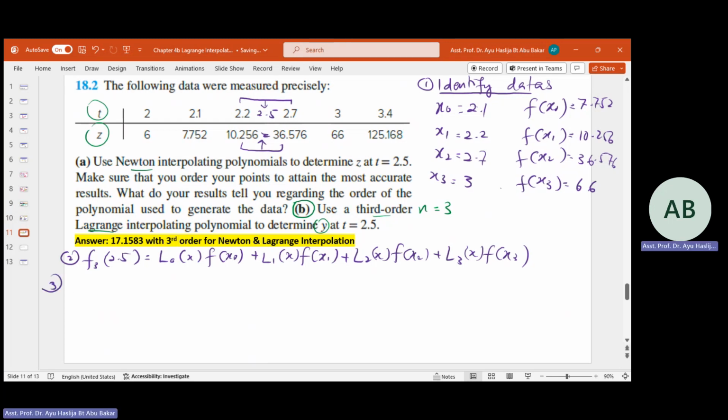Okay, then calculate your L. Then arrange what is your L naught, L1, L2 up to L3. Okay, L naught here is 3 up to N3. So x minus x1.